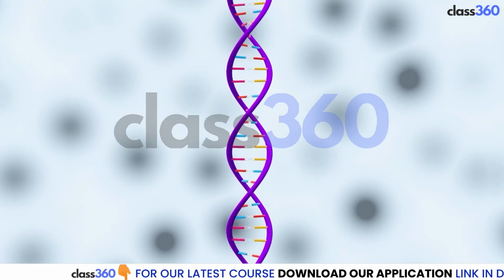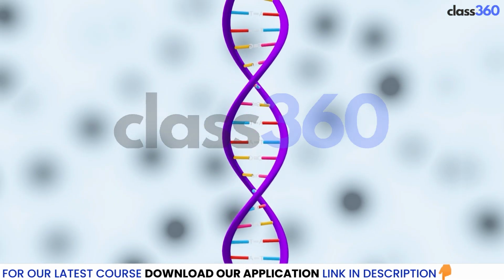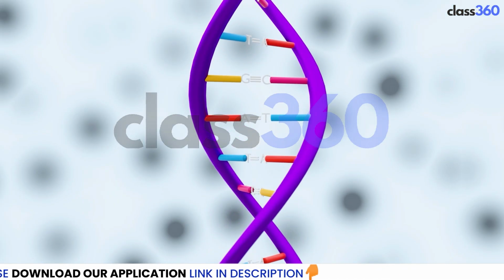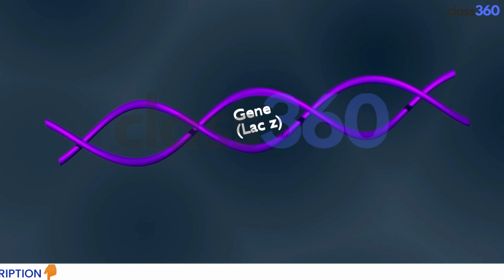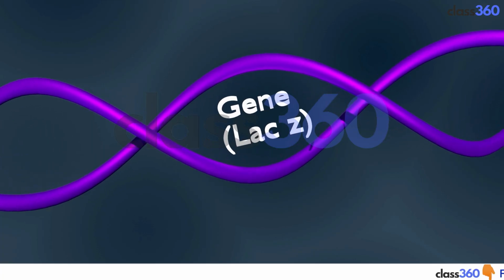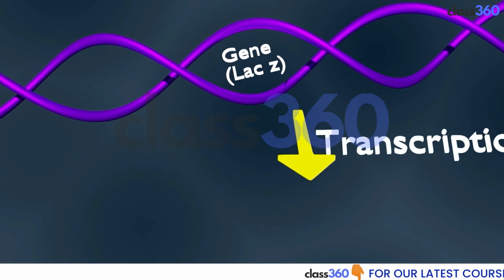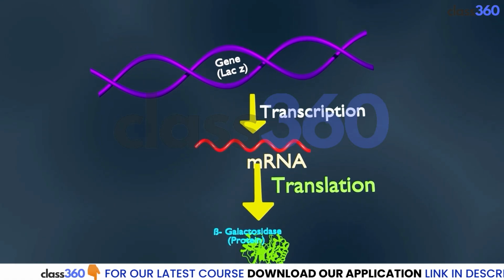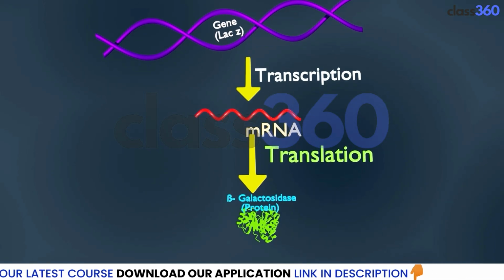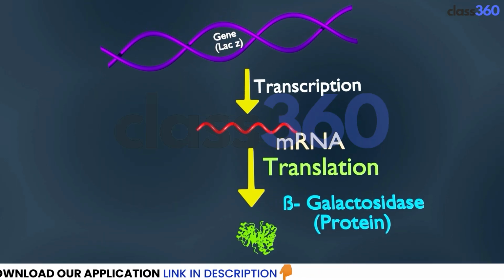But now we know that DNA is the hereditary material. A part of DNA that provides information for one protein is called the gene for that protein. It is the protein that controls a character.